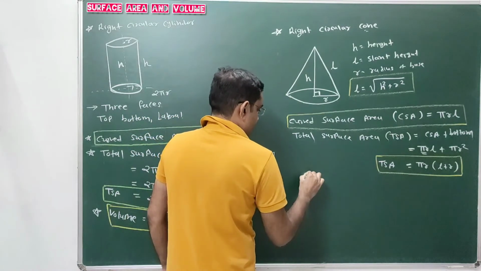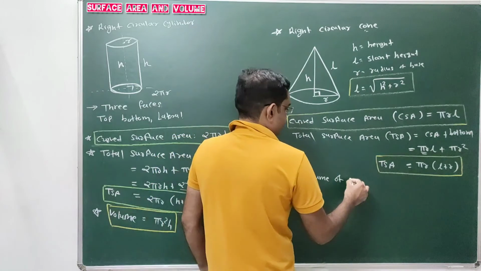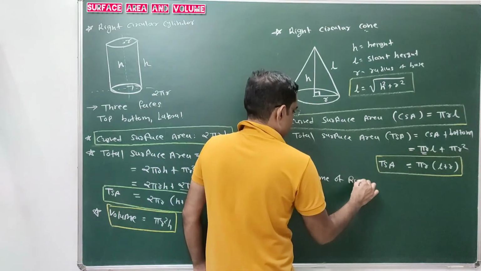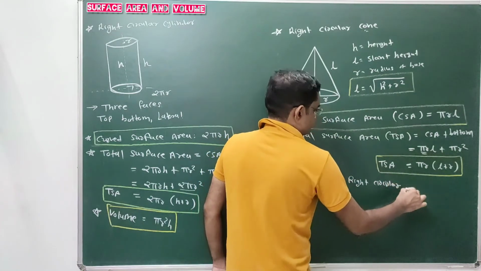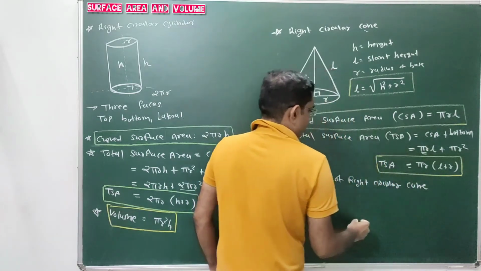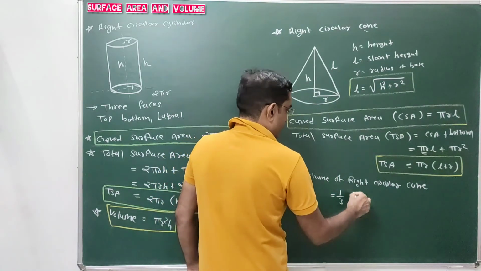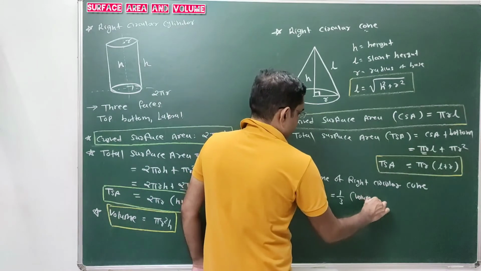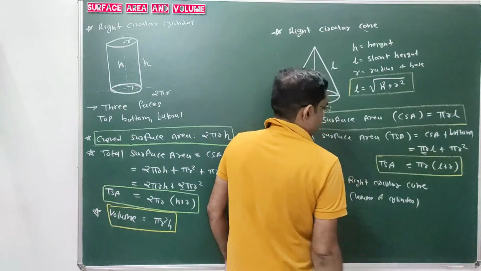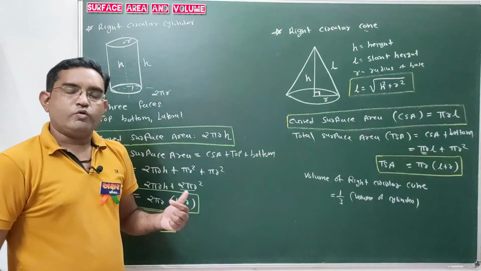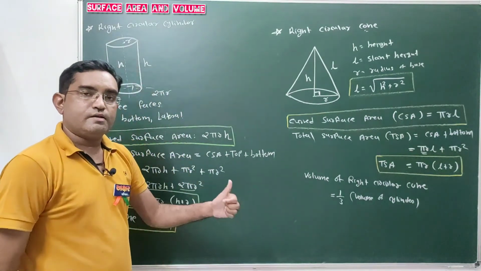And the volume of right circular cone. Volume of right circular cone is always one third of volume of right circular cylinder with the same dimension.